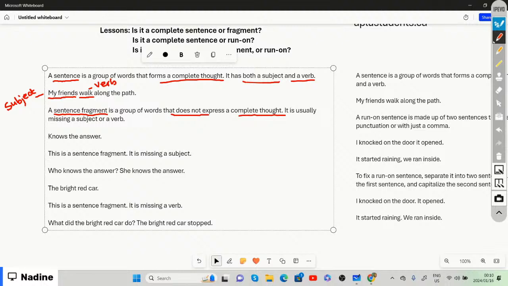And the reason it does not is because it is either missing a subject or missing a verb. Meaning within that sentence, there's either no subject that they're talking about or there's no action that they're showing. So there's either no verb or no subject. One of the two.